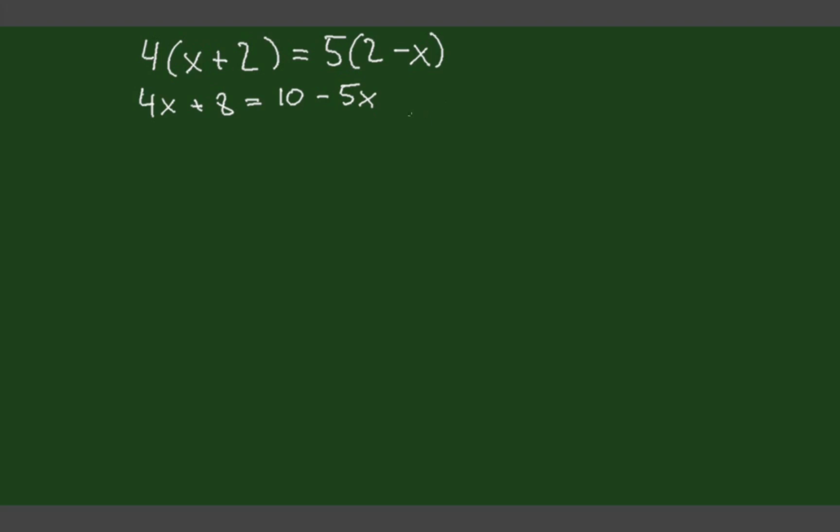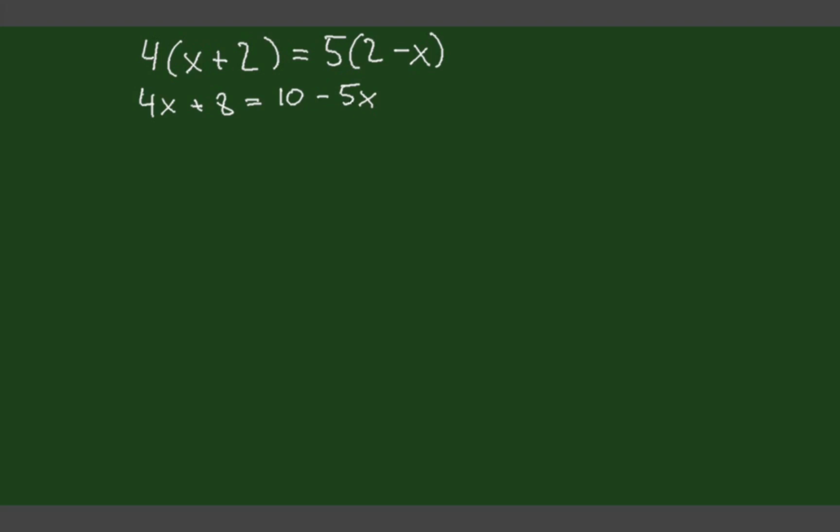Okay, so I always prefer getting all my unknowns onto the left-hand side of the equation first of all. So I want to get rid of this minus 5x here. The way that is tied to the rest of the equation, my known number 10, is via subtraction. The opposite of subtraction is addition.